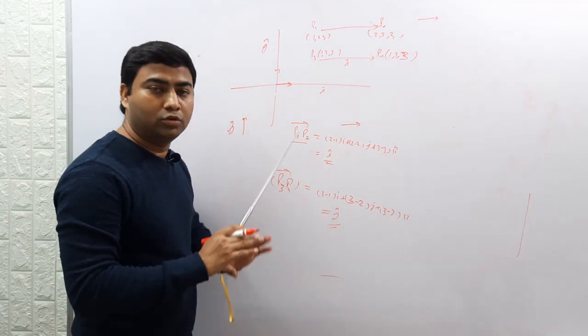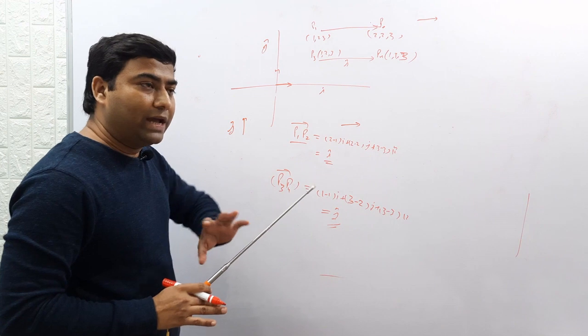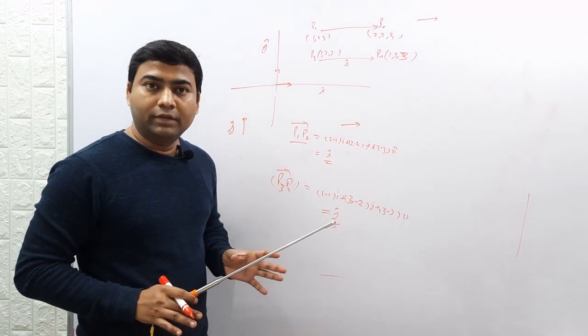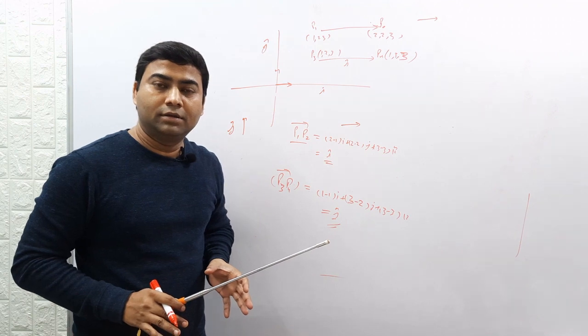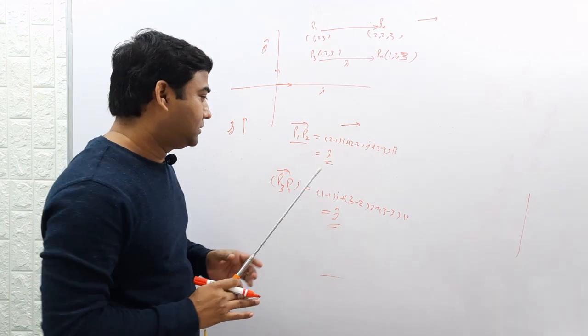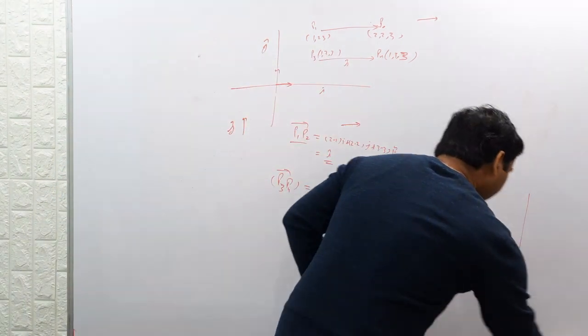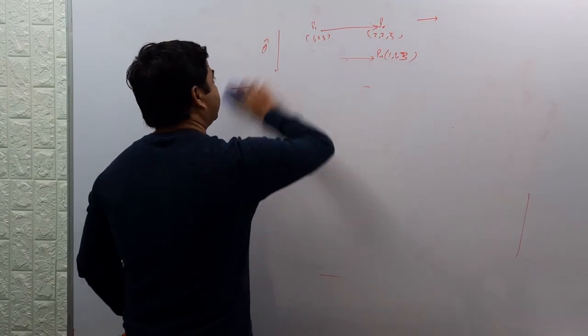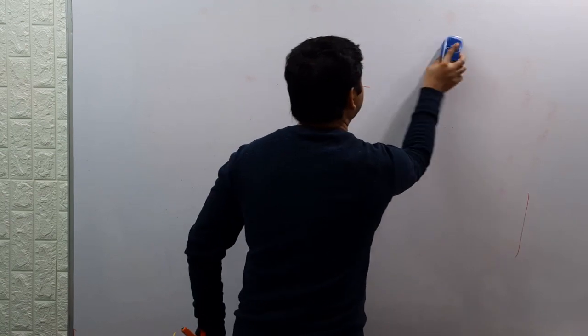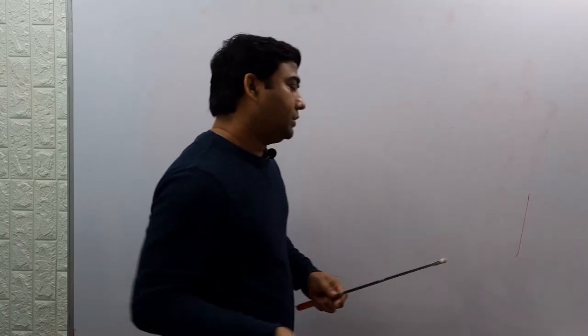Don't think like that. Any vector is free and it can be anywhere. That is what I want to communicate with you. So vectors are always free. Just keep that in mind.